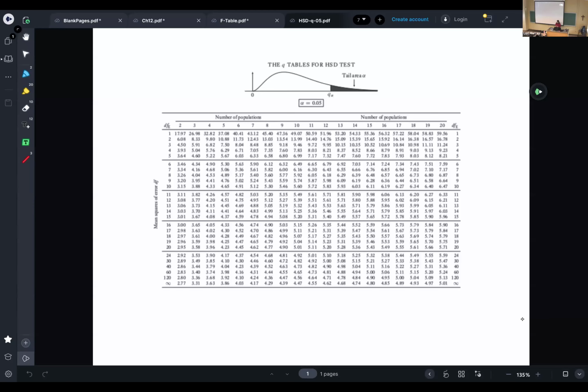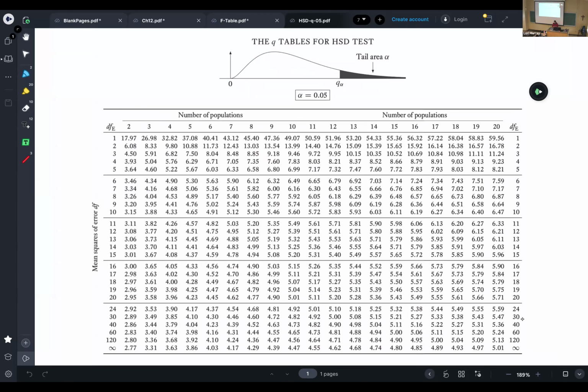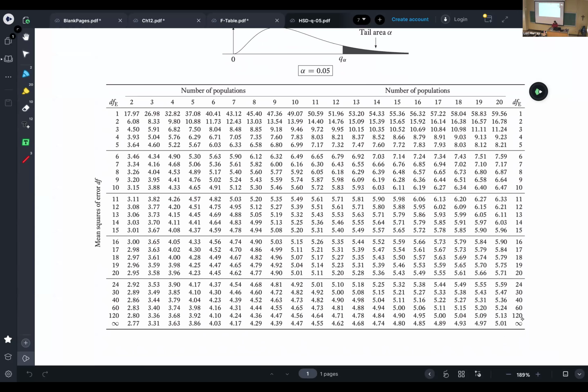And it's a studentized table, and it's literally only for the Tukey test. And we said the numerator would be 3 because there's 3 plants, right? So that's the number of treatments.